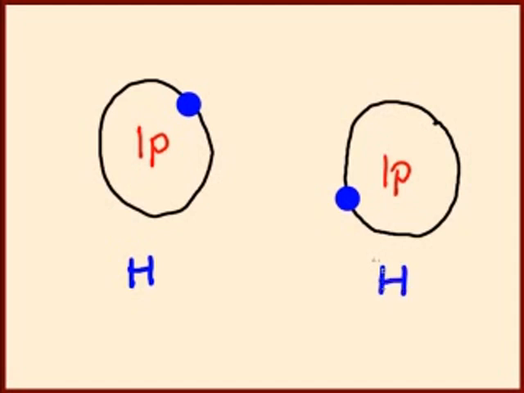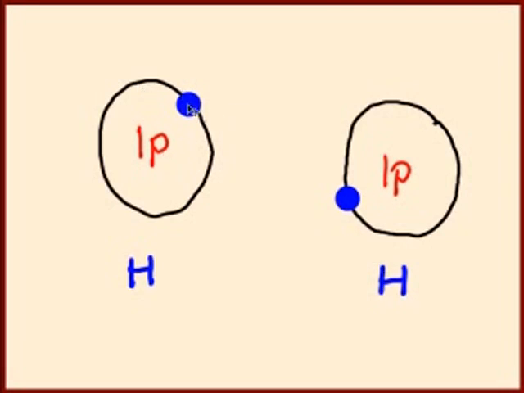Now, both of these hydrogen atoms have only one electron, and they both want two electrons. And so one of two things could happen. I'm going to show you this first scenario, but this does not happen.